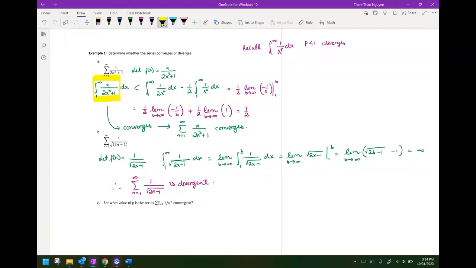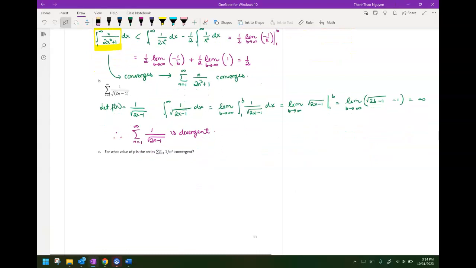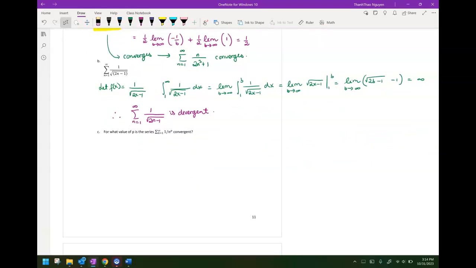Remember this fact. Recall that the integral from 1 to infinity of 1 over x to the p dx, when p is less than 1, diverges. We use that fact to determine for what values of p the series, the sum from n equals 1 to infinity of 1 over n to the p, converges.